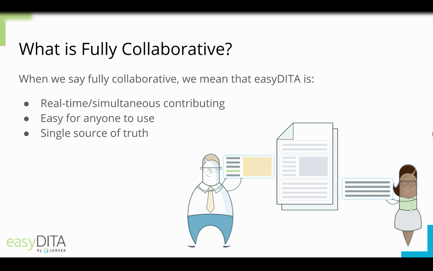Those edits need to be managed, and merging the changes will inevitably be a headache, especially if multiple contributors are working on different copies of the same document. easyDITA is a single source repository. This means that the document you collaborate on is the absolute authority document. No more questions about versioning or confusion about ownership. The topic in easyDITA is the standard, not the Word document that got emailed around the group.